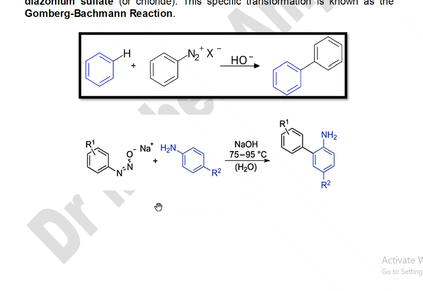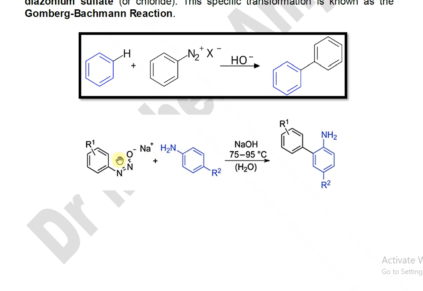So if you look here at another example, this is the diazonium salt with another aromatic compound, derived from the aniline. We know the NH2 directly bonded to the benzene cycle is called aniline. So this is a derivative of the aniline.